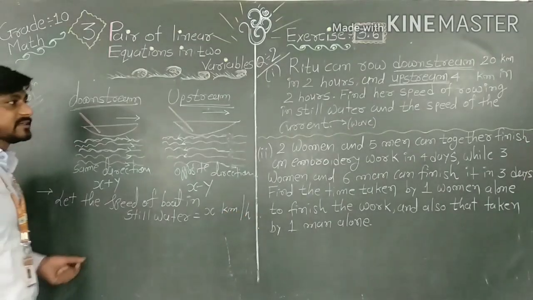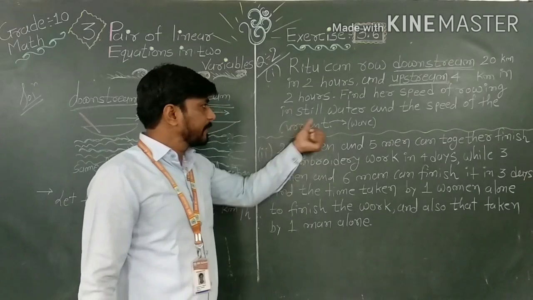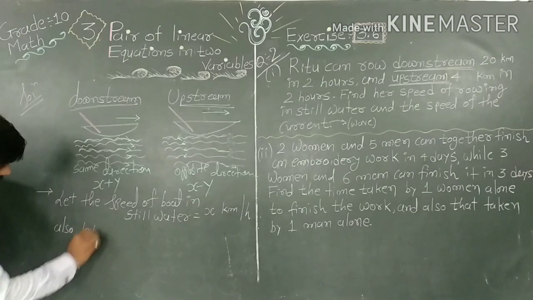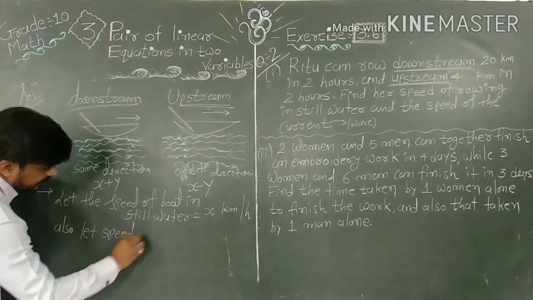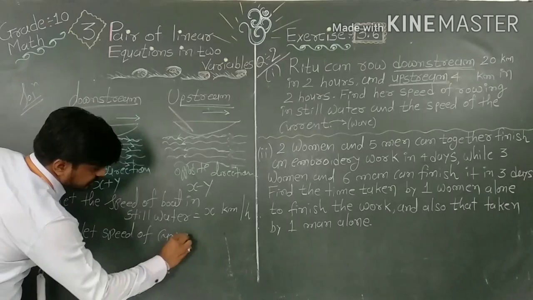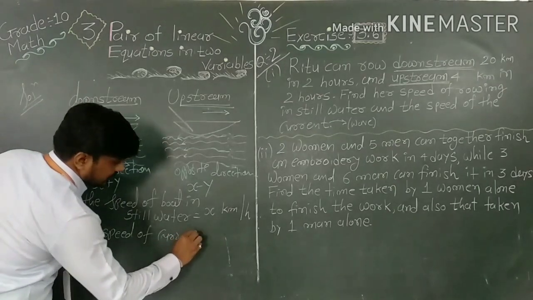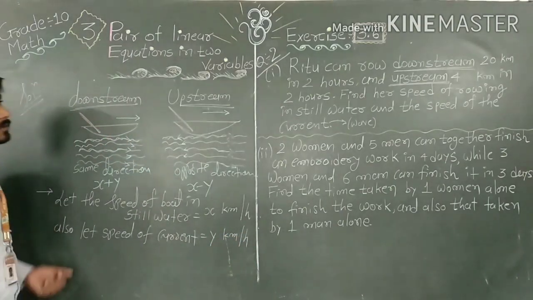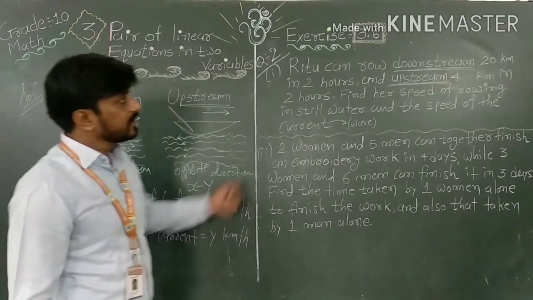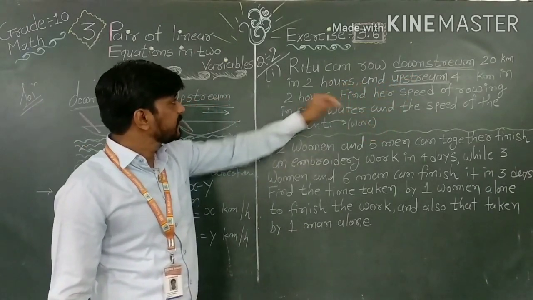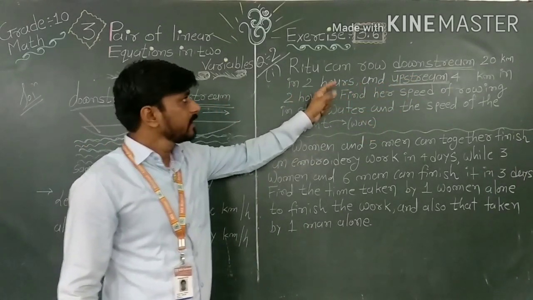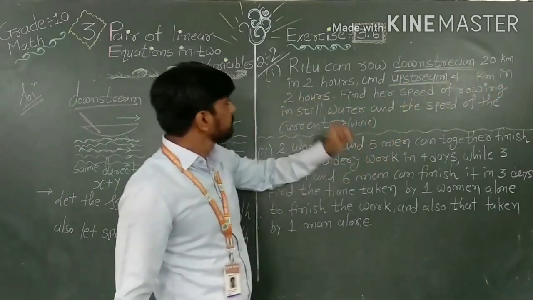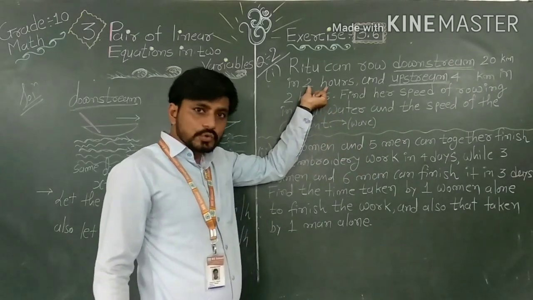And the second assumption: let the speed of the current be y kilometer per hour. And what is given there? In the downstream, distance given is 20 kilometer and time given is 2 hours.